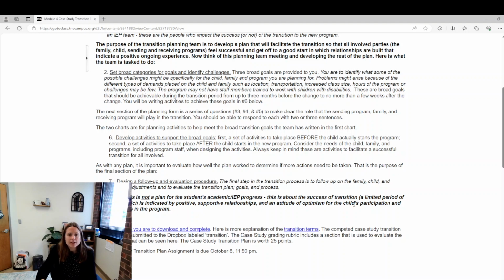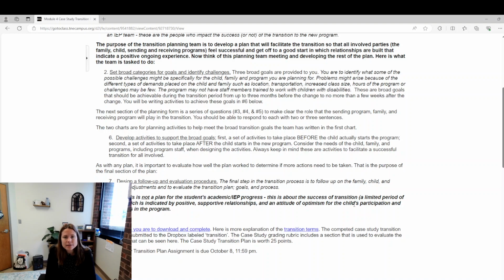So the next section is really going to be a series of questions that really make it clear to the sending program and the family and receiving program of what their role is in the transition process, right? And there's questions you have to respond to. Now remember, when you're responding to questions, you're going to do 2 or 3 sentences for each question as your answer. So you need to develop activities that support the goals, okay?